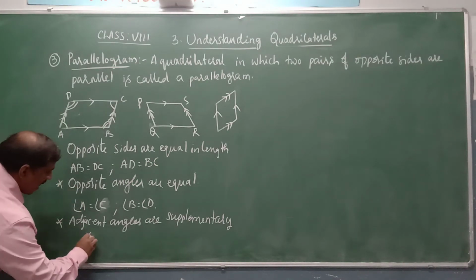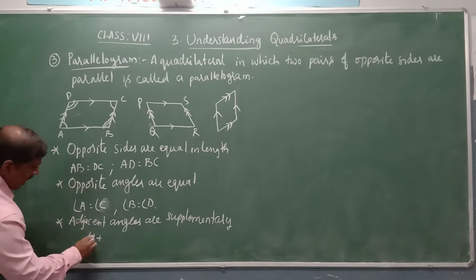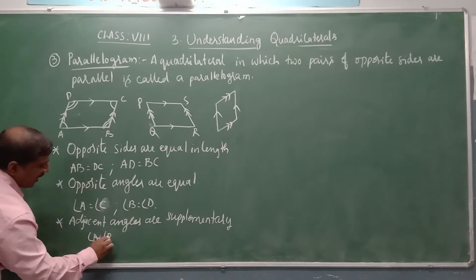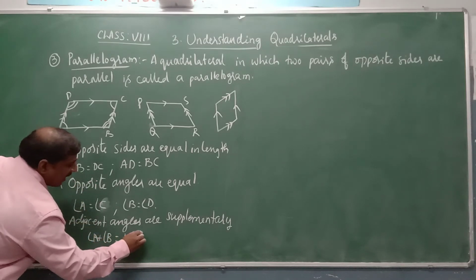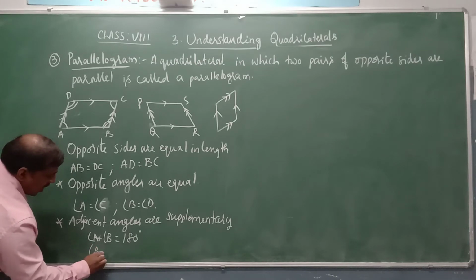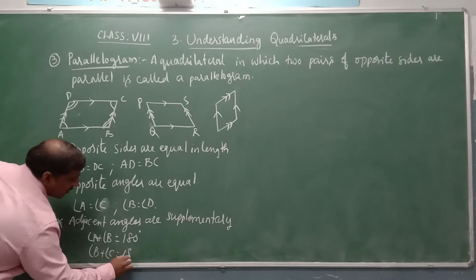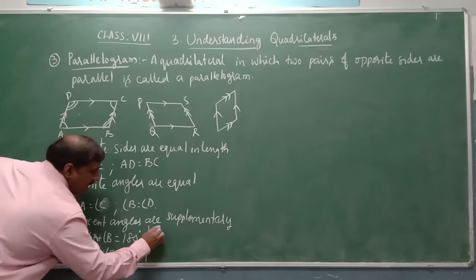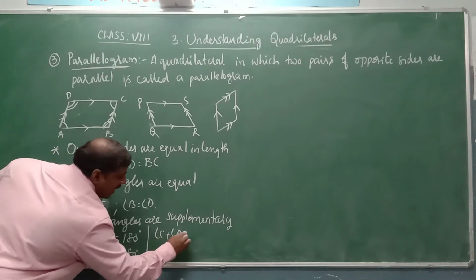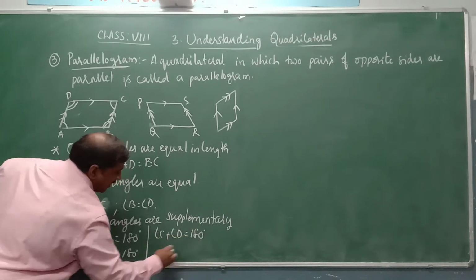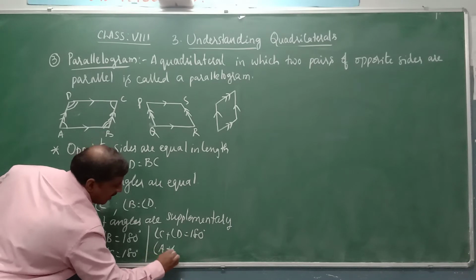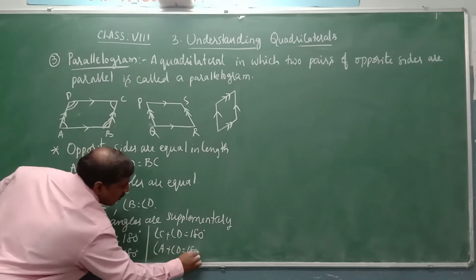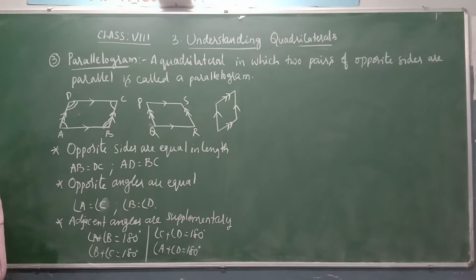That is, angle A plus angle B is equal to 180 degrees. Angle B plus angle C is equal to 180 degrees. Angle C plus angle D is equal to 180 degrees. Angle A plus angle D is also equal to 180 degrees. So this is about the sides and angles.